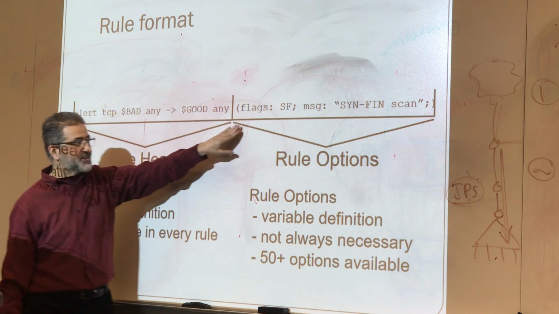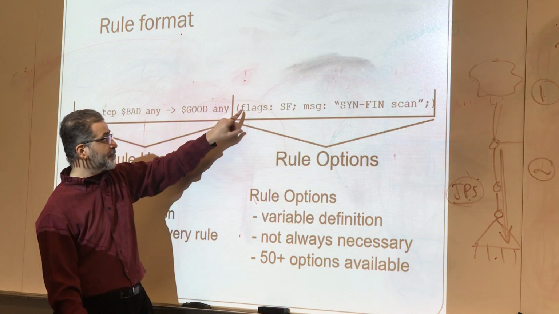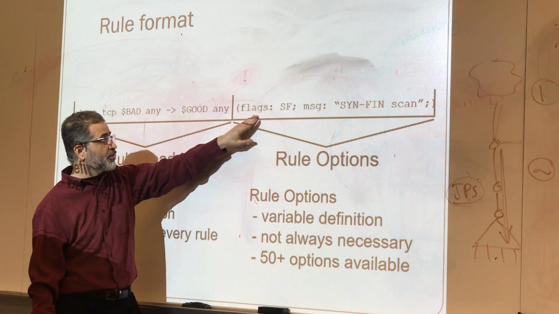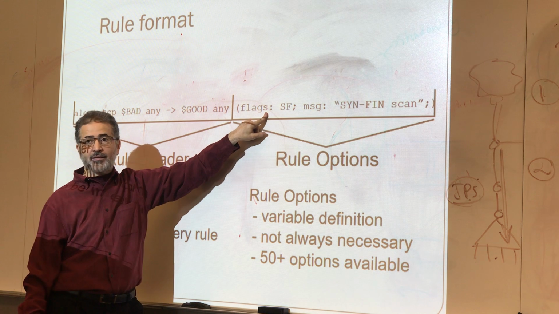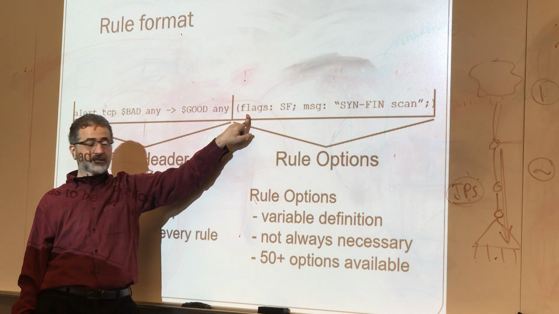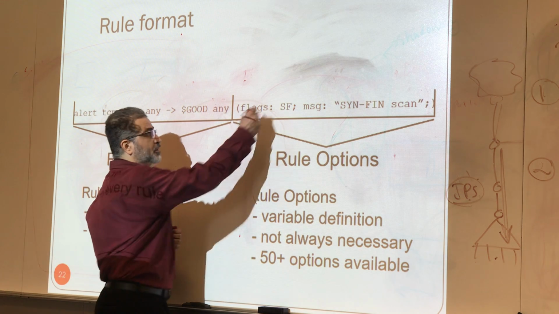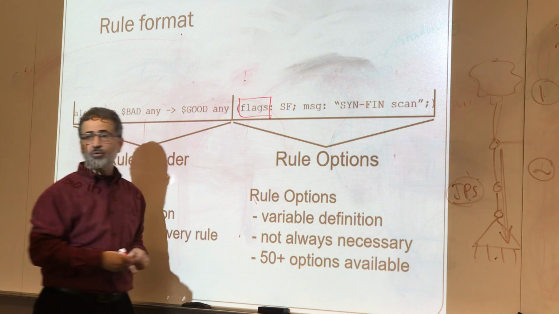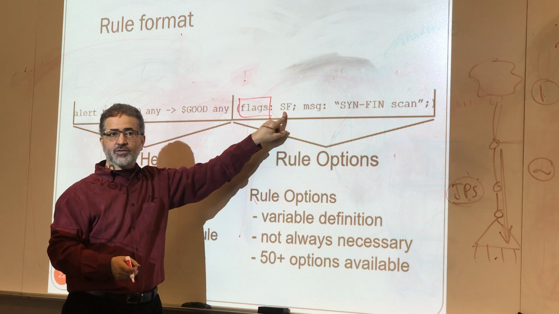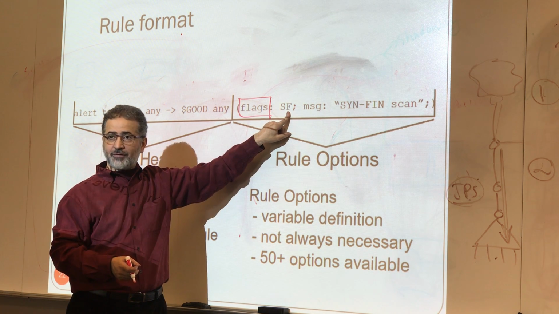But we have this extension, which is the options. Now I'm going to look at headers or even beyond headers, into the content. One of the things Snort provides is that I can look at the TCP flags. If you write flags, this is a built-in keyword. Flags means TCP flags. S and F: S is SYN, and F is FIN.